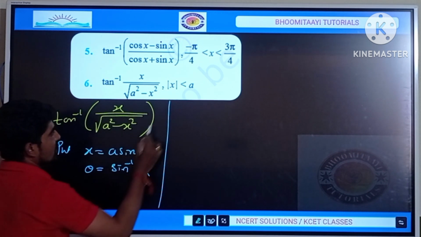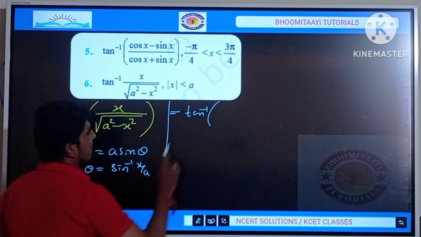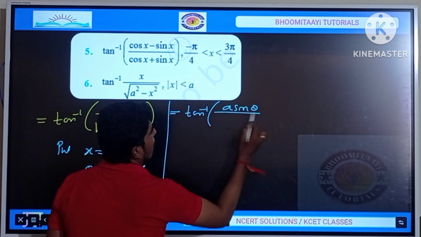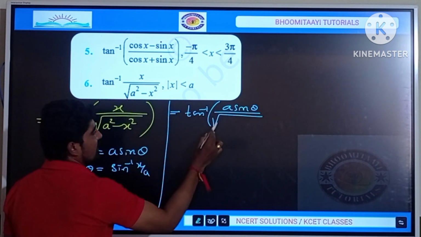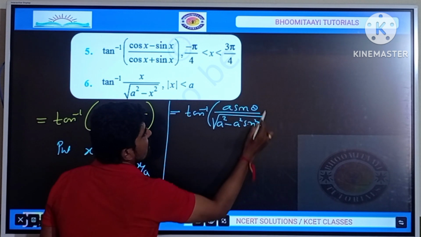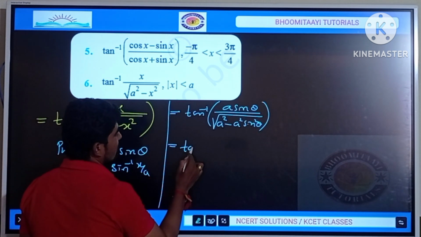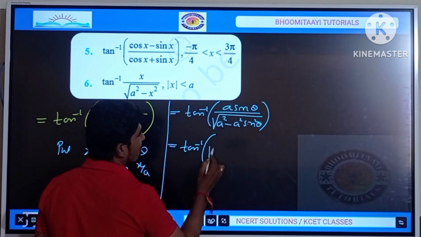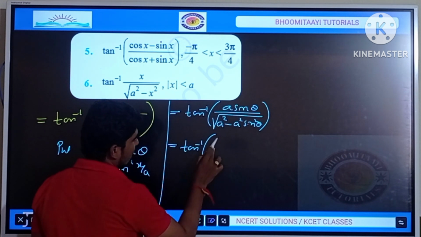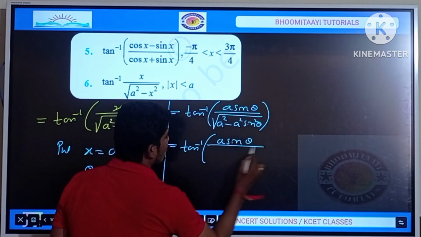By this substitution, the given inverse trigonometric function becomes, x is a sin theta divided by square root of a square minus x square, where x square is a square sin square theta. Now this is equal to tan inverse of a sin theta divided by root.